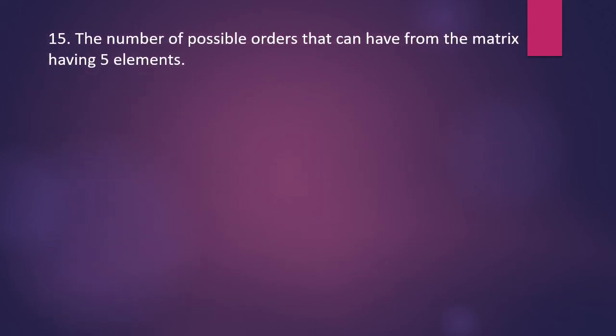The last question of this session will be: the number of possible orders that a matrix having 5 elements can have. We know that a matrix is of order m by n. Suppose A is a matrix of order m by n, then that matrix A has m into n elements.